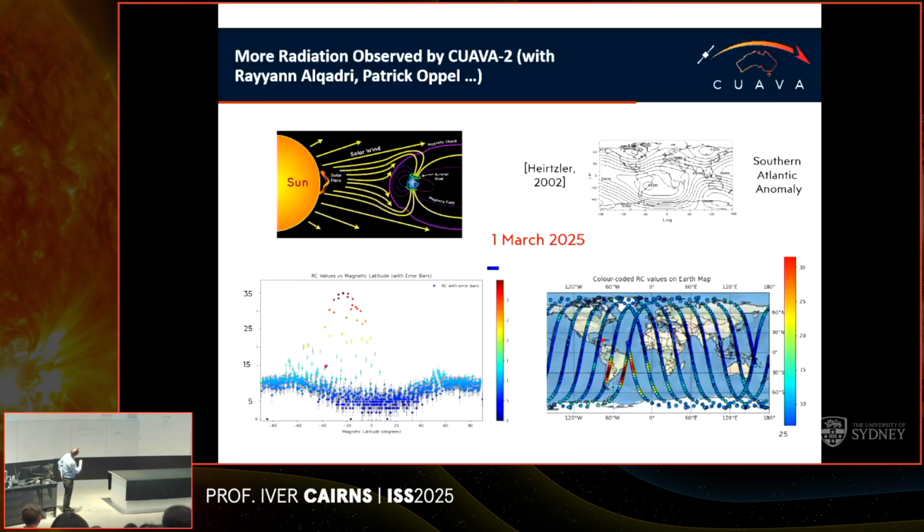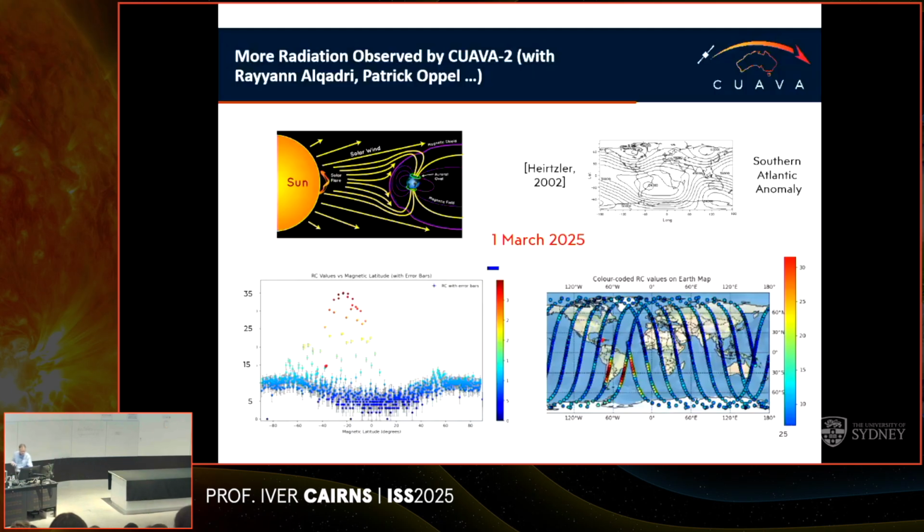You notice almost nothing over the poles. Pretty big event here over the southern Atlantic anomaly. Again, locations about right for the southern Atlantic anomaly. Some events up here. You can see them here and here towards the auroral zones.